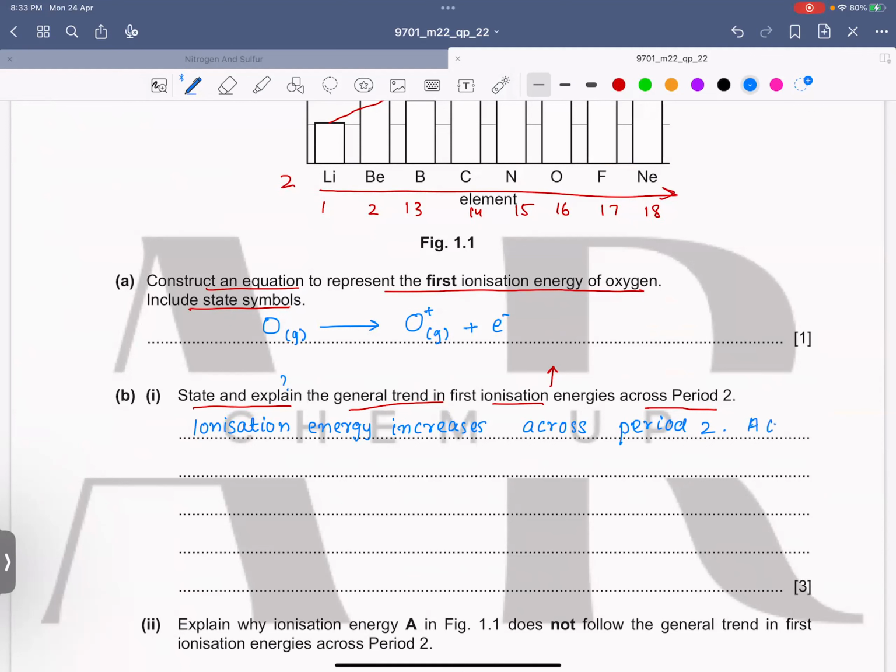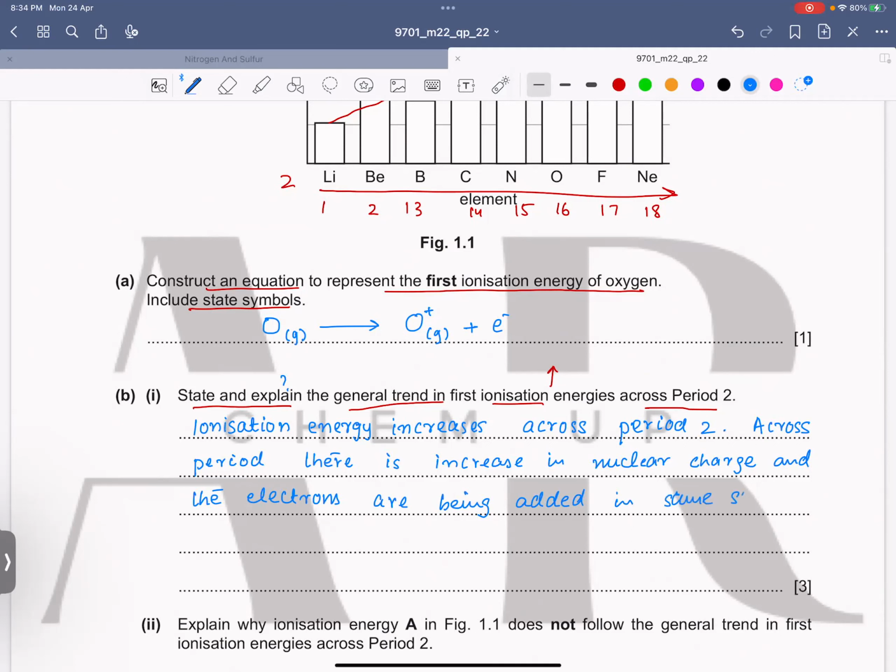So I can write that across the period, there is an increase in nuclear charge and the electrons are being added in the same shell.